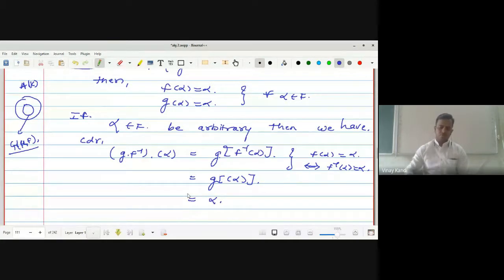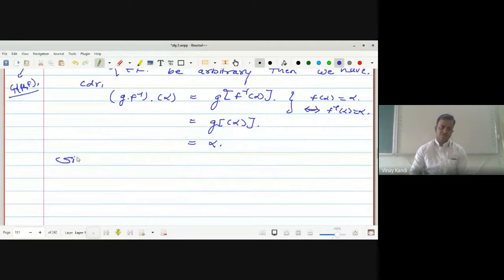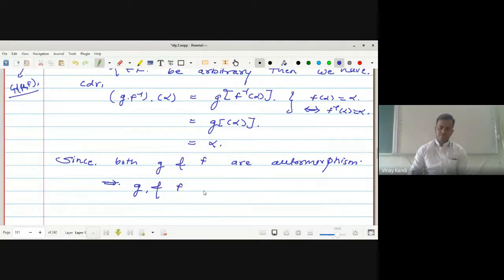Okay. So since both g and f are automorphisms, this implies g composed with f inverse belongs to what? G_K(F).